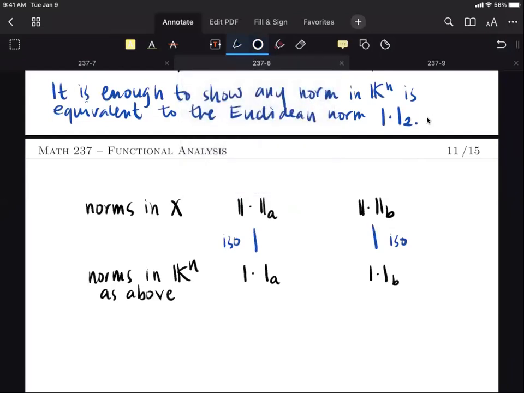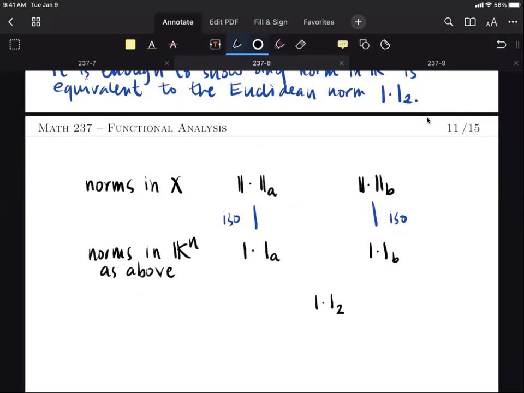Now, if we establish that all norms in K^n are equivalent to the Euclidean norm, so if this is equivalent and this is also equivalent, then you can check immediately that equivalence of norms is an equivalence relation.